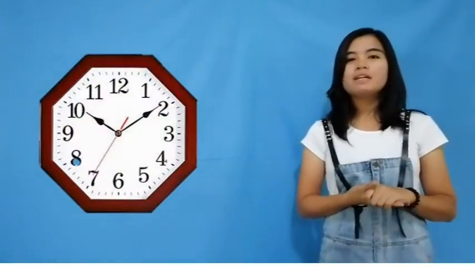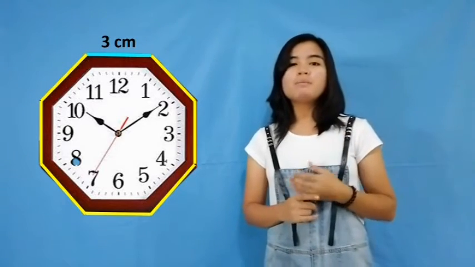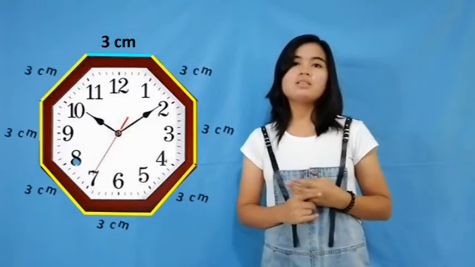Okay, so let's have another example. What is the perimeter of a clock given that its shape is an octagon with a side of 3 cm? We can use the two ways of answering it. First is by adding the measure of all sides. Given that the measure of one side is 3 cm and it is a regular shape, the measure of each side is 3 cm.